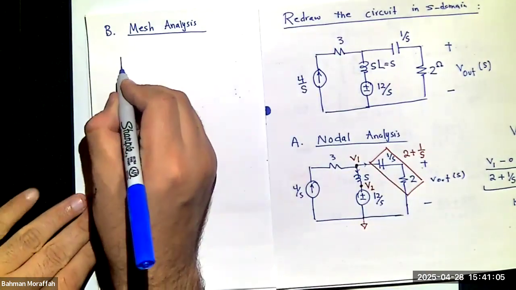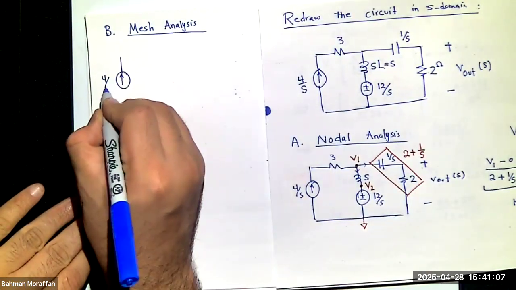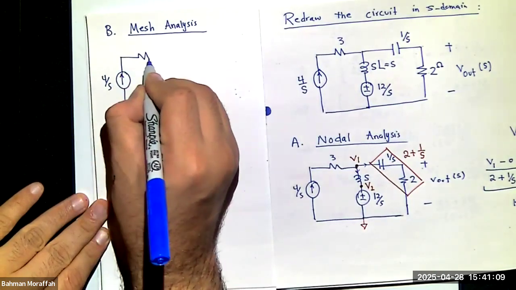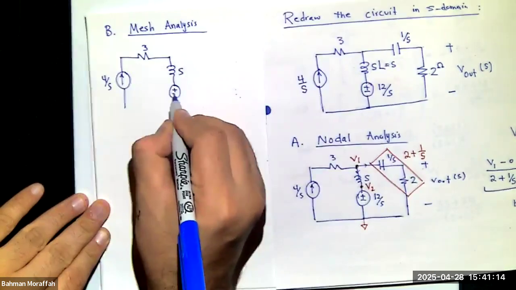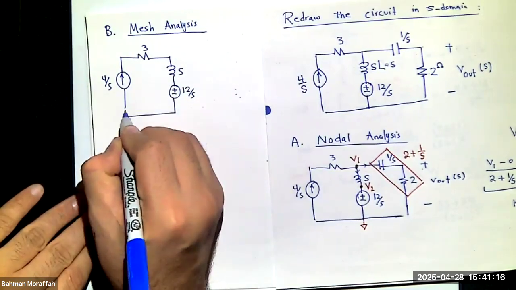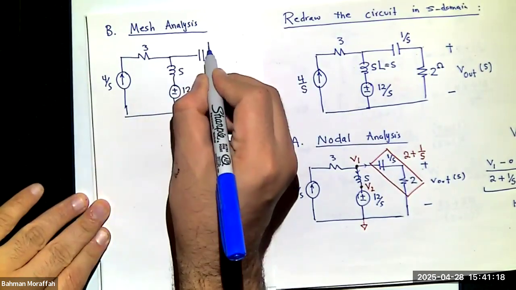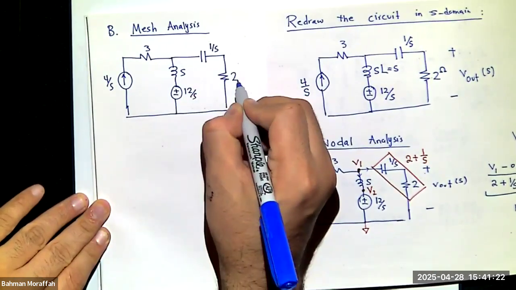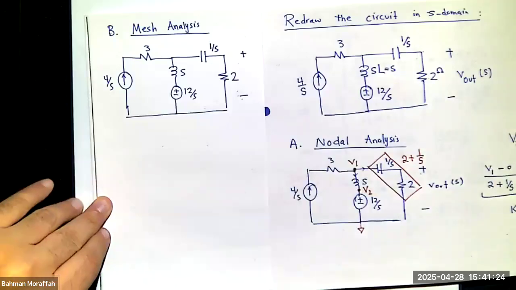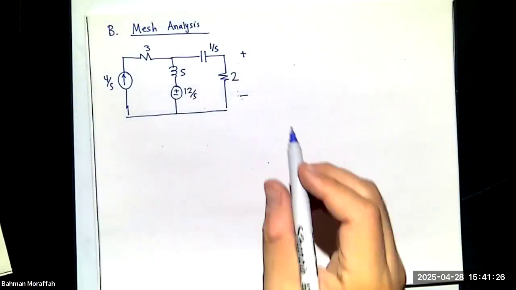Nothing has changed. I have 4 over S, I have 3, I have S, 12 over S, I have 1 over S, and I have this 2. And the question is, what is this V?